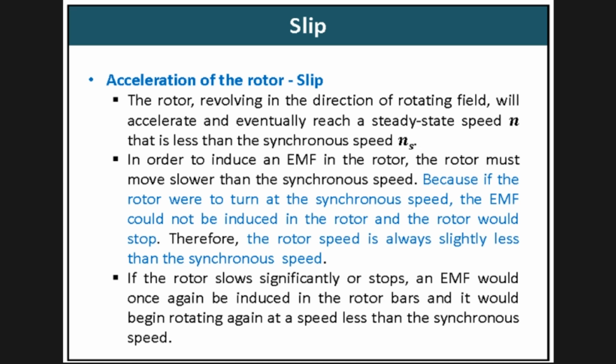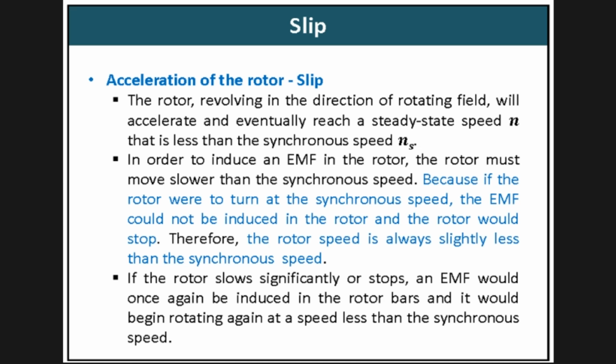So after some time it will come to a steady state. That means rotating at a steady speed. That speed is n, which is less than the synchronous speed. I will tell you why it is less. In order to induce an EMF, the rotor must move slower than the synchronous speed, right? Otherwise, if they are rotating at the same speed, there is no relative motion.